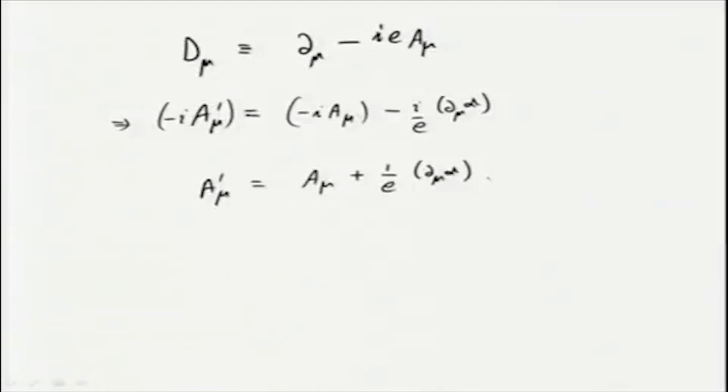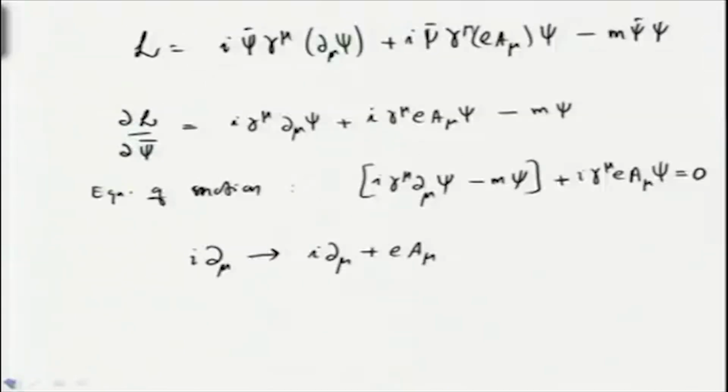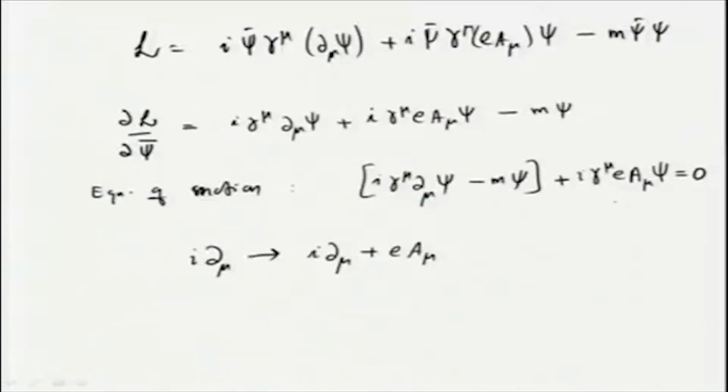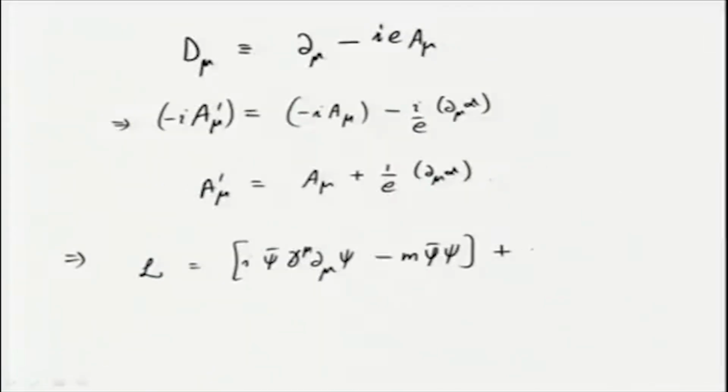Okay. So, this is the new A, and with this the Lagrangian is equal to i psi bar gamma mu dou mu psi minus m psi bar psi, okay, plus psi bar gamma mu psi e A mu.